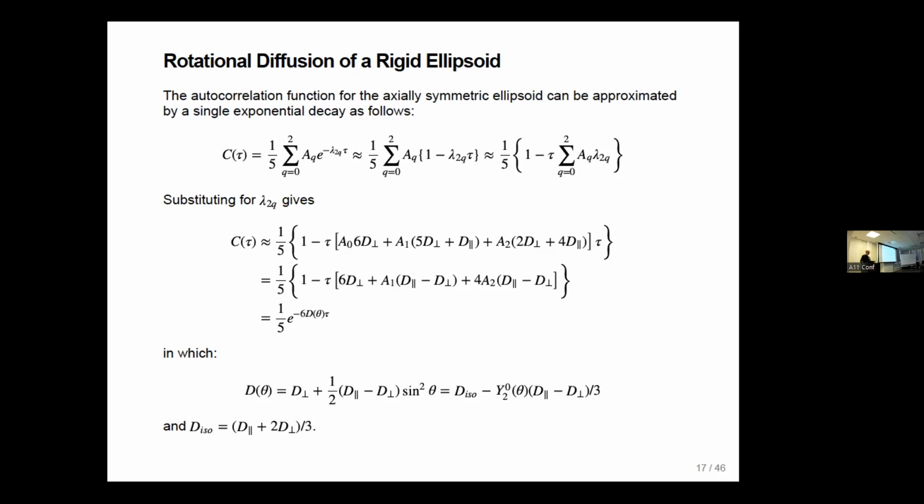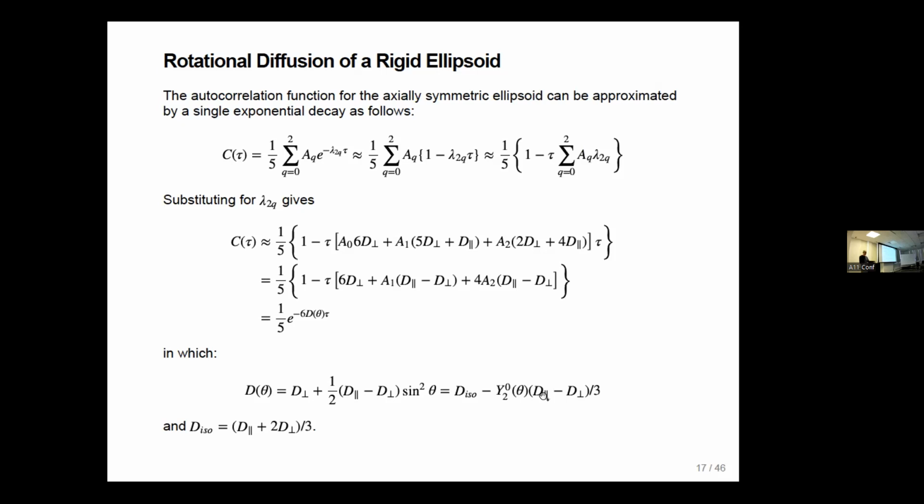So there's a factor of 3 difference between the time constants you measure using a linear anisotropy measure versus one that depends on second order, like either NMR or fluorescence. Occasionally people get confused. That's enough about that. Okay.